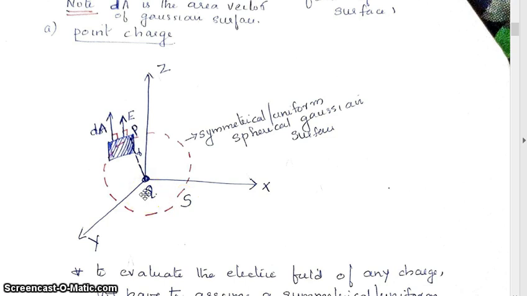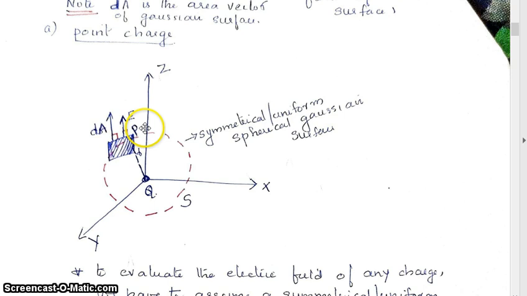So this is very important, that whenever you are asked to find out the electric field of a charge using Gauss law, first you have to draw an imaginary Gaussian surface which is symmetrical surrounding that particular charge. That means now the surface is closed, so that you can apply Gauss law.